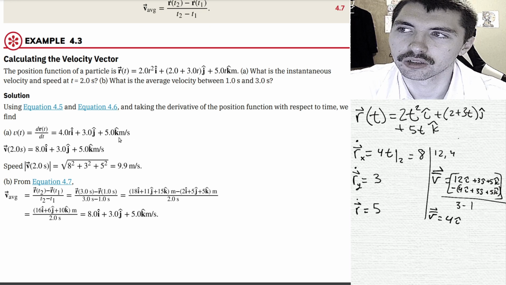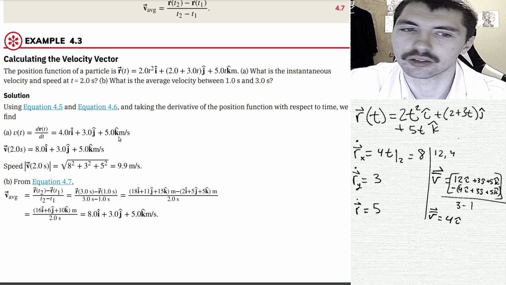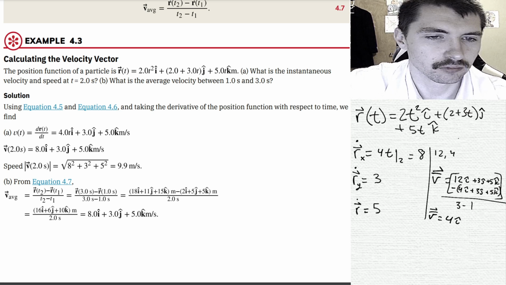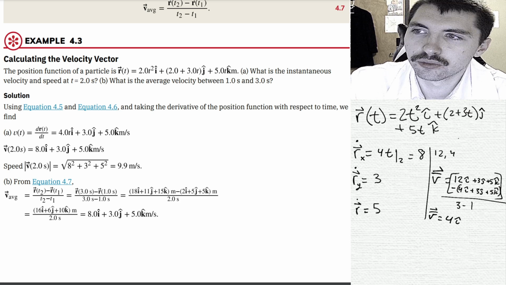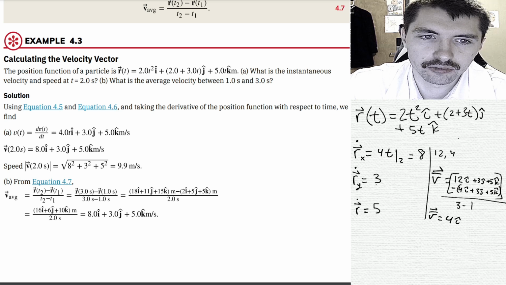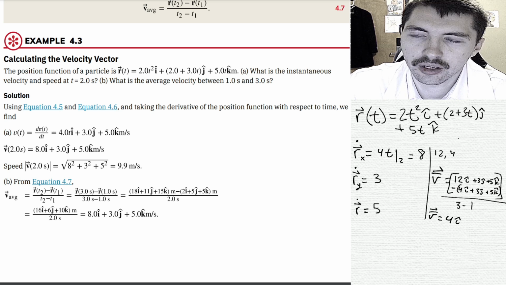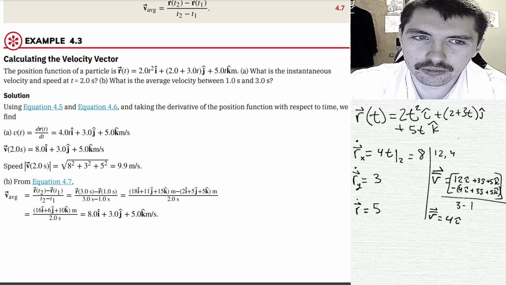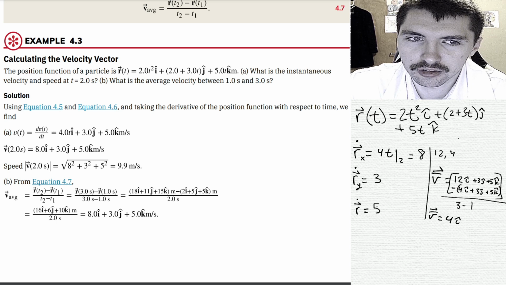So I got these right: 4i, 4t, 3, and 5. So we got part A correct. I must have just missed reading the speed.